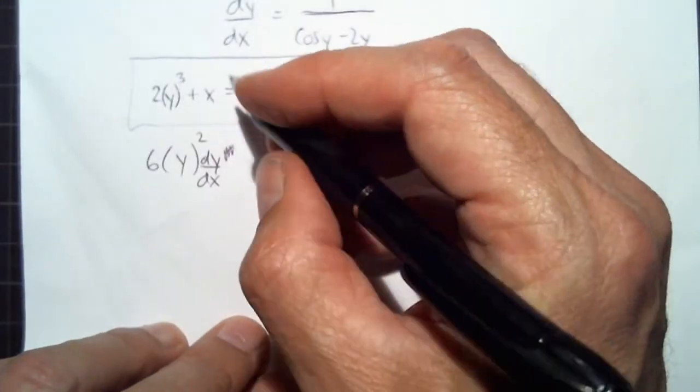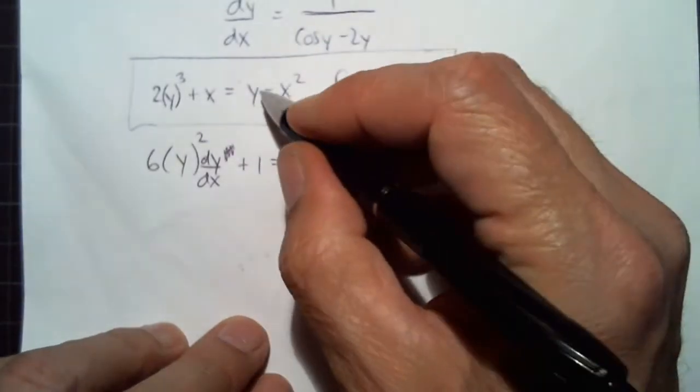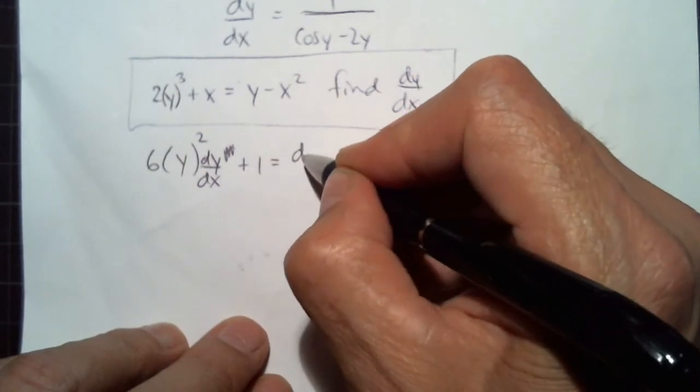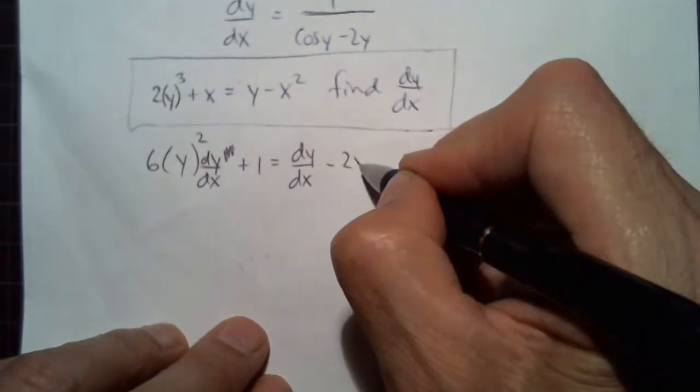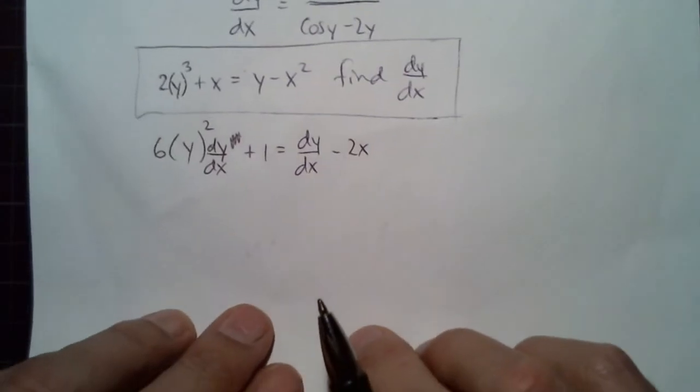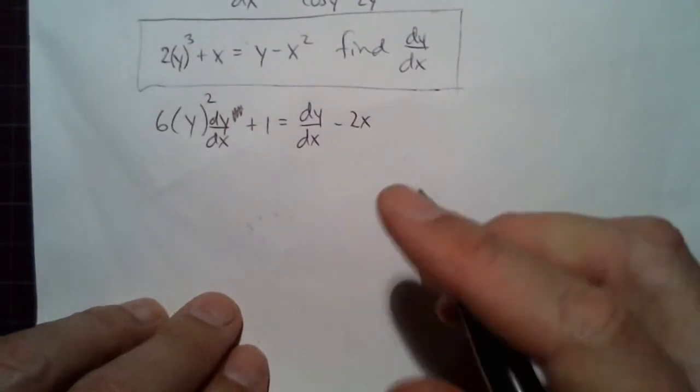Okay, the derivative of x is 1. The derivative of y is dy dx. And the derivative of x squared is 2x. Then we just put dy dx on the same side.